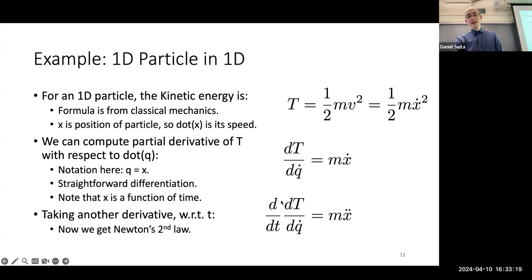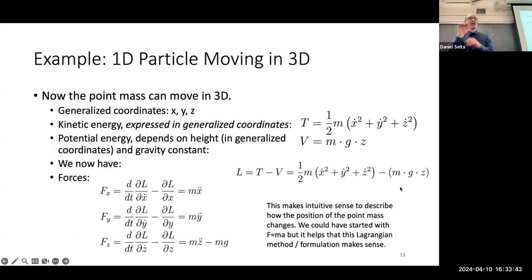Are you familiar with F equals ma from Newton's equation? That's basically what's going on here. There's no gravity here. For this example, we assume there's no gravity, which is not a realistic assumption, so we're going to make it a little bit simpler in this next example.